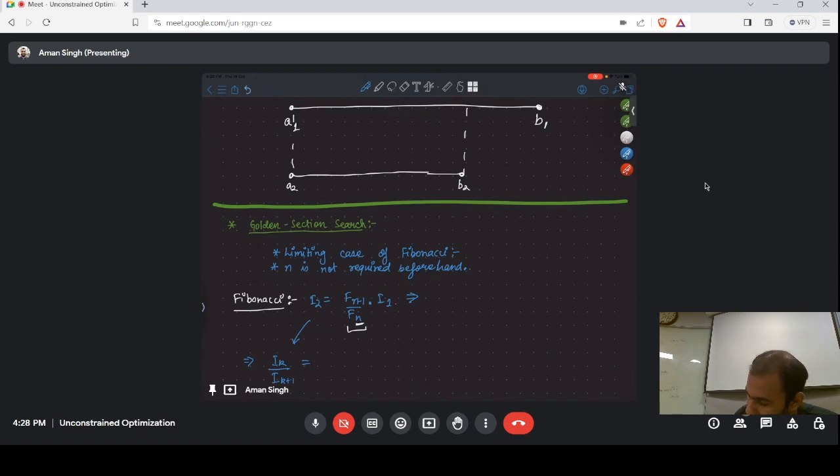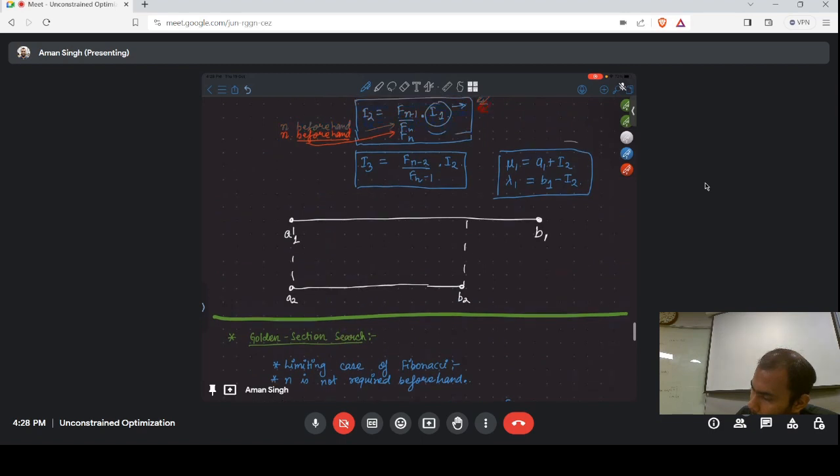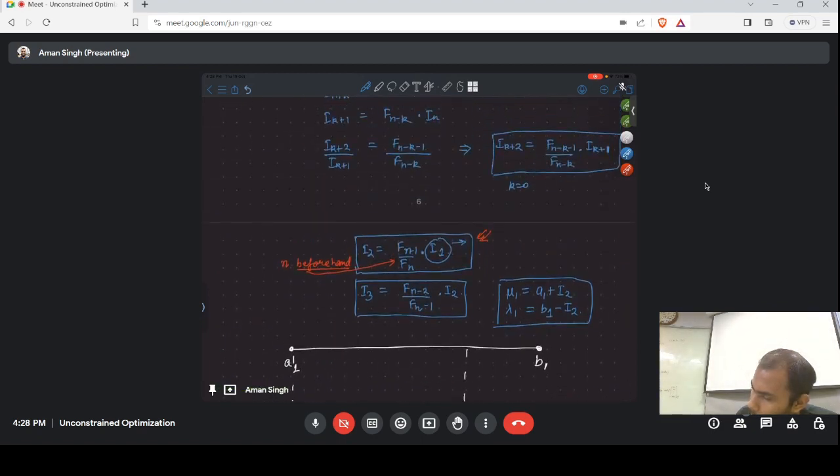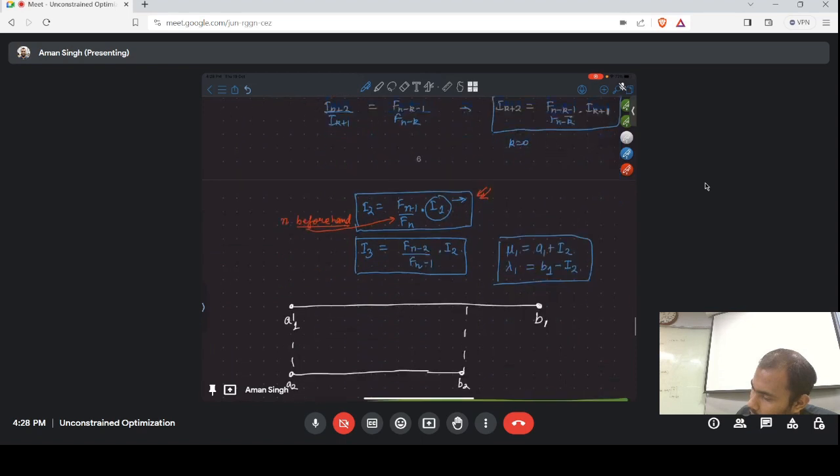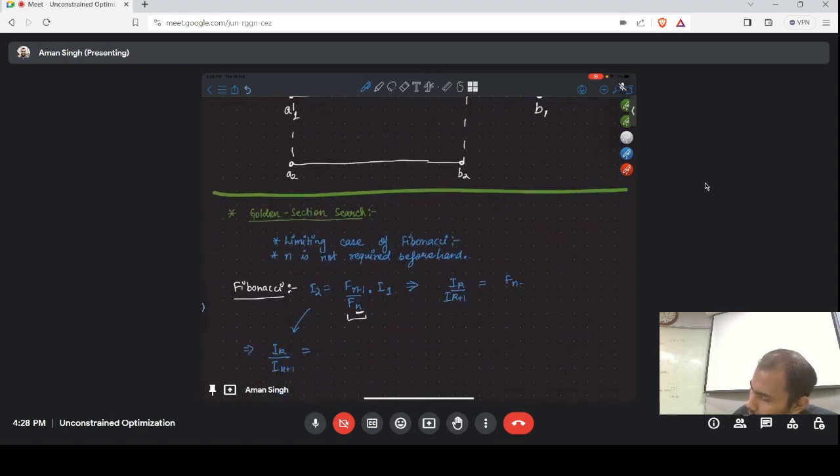So basically for the Fibonacci series, Ik upon Ik plus 1 is equal to F(n minus k plus 1) upon F(n minus k minus 1).